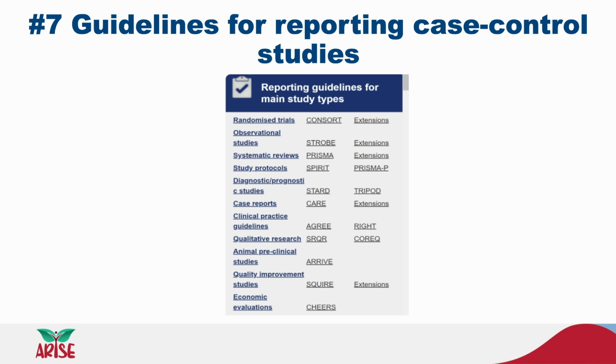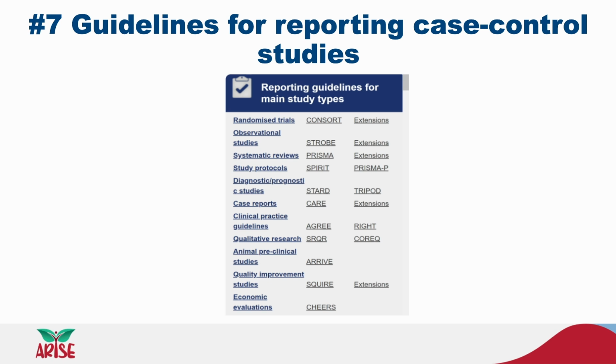Another consideration when it comes to case control studies is taking note of reporting guidelines. The Equator Network website is very helpful when it comes to identifying appropriate reporting guidelines, as you can see from the list. Equator stands for Enhancing the Quality and Transparency of Health Research.